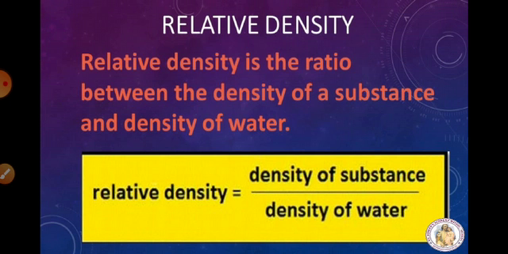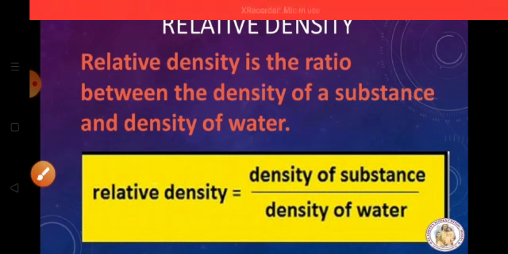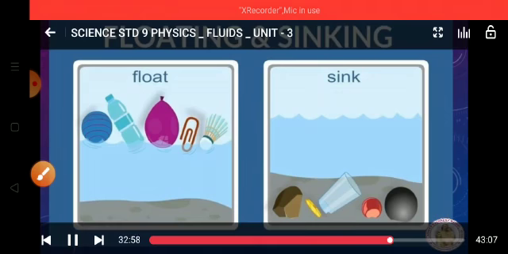We can compare the density of two substances by finding their masses easily, but generally the density of a substance is compared with the density of water at 4 degrees Celsius, because the density of water at that temperature is 1 gram per centimeter cube. Mathematically, relative density is expressed as the density of a substance divided by the density of water at 4 degrees Celsius. So that is the definition of relative density.